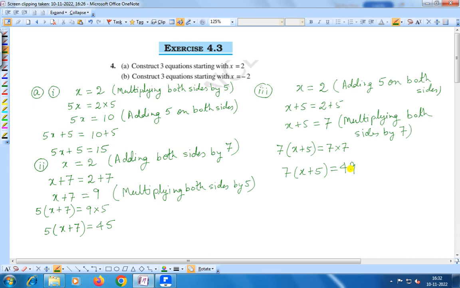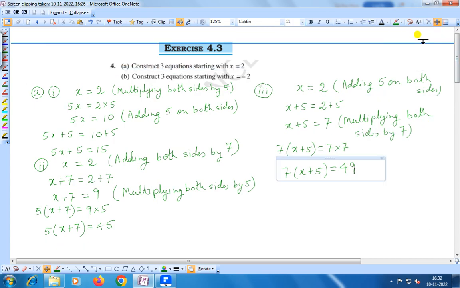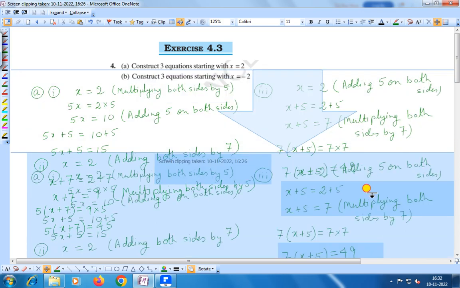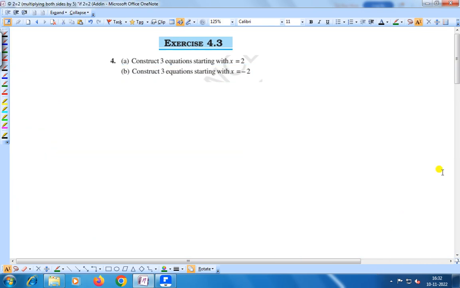Now we'll solve question number B. Question number B is construct three equations starting with x equal to minus 2. Let us construct B. One equation is x is equal to minus 2.